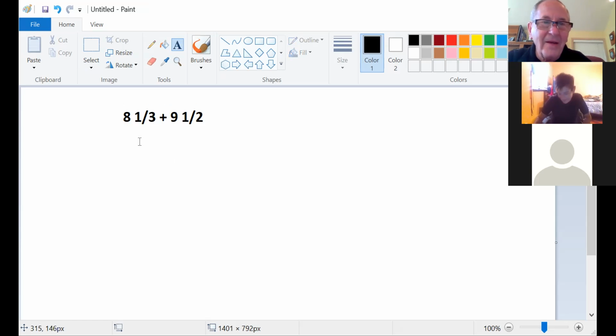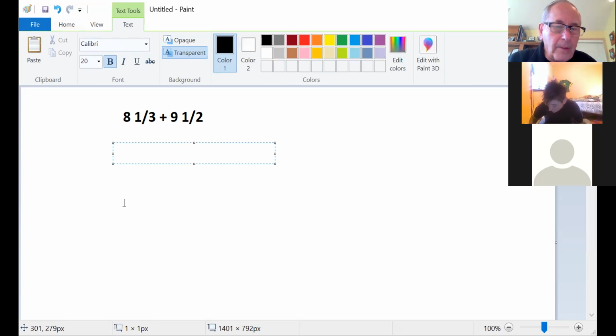Okay, so what we have to do, don't worry about the whole numbers right now. Just worry about the fractions. We can't add 1/3 to 1/2. We have to have the same denominator. So if I had 1/3 and 1/2, what would be a common denominator I could use on both? It would be 6, right?